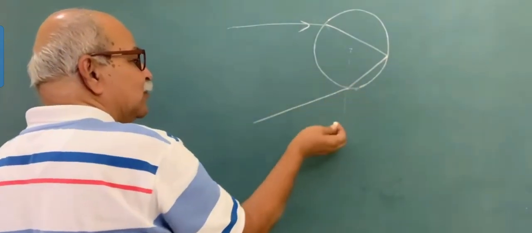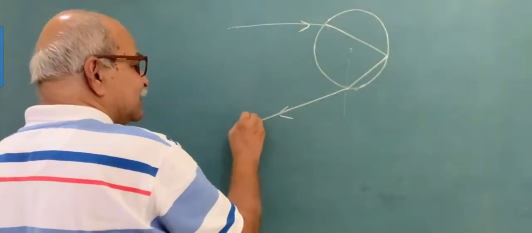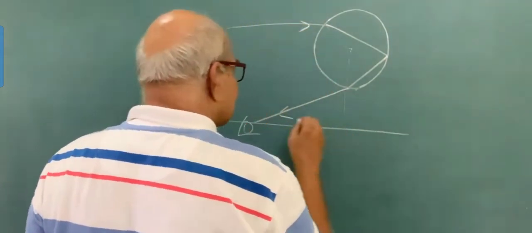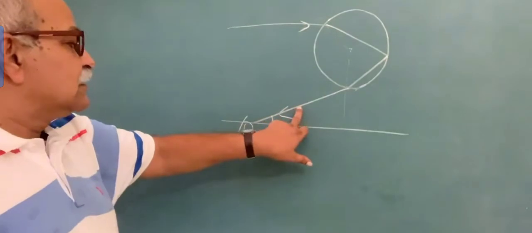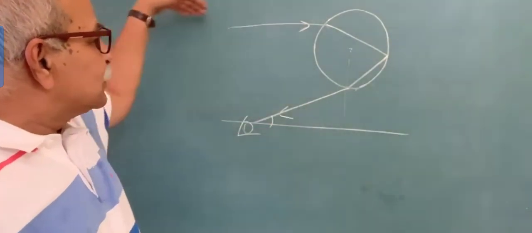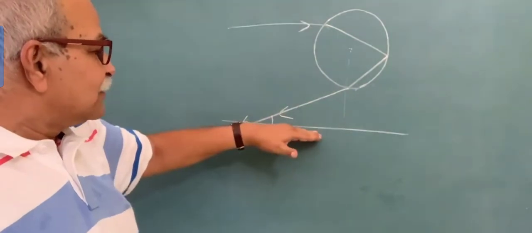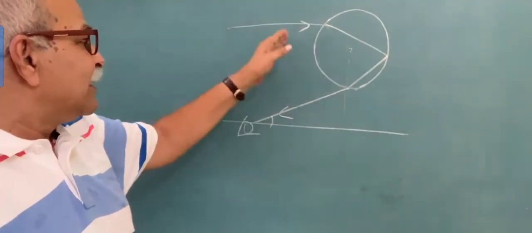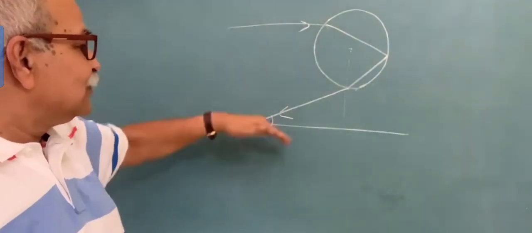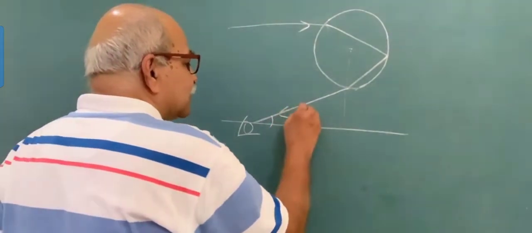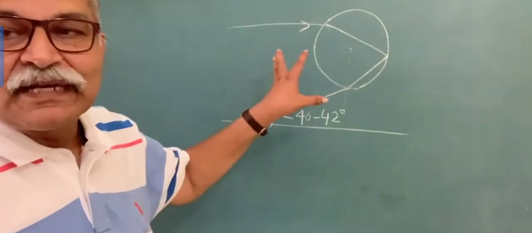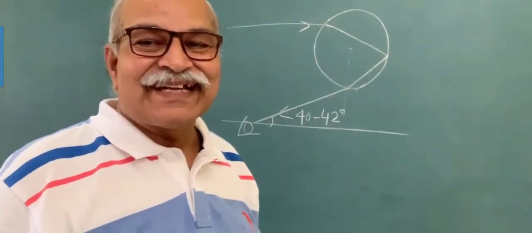This is the normal, it goes away from the normal, and here I see it. And this angle between this, and I'm drawing a parallel line here. Suppose this is horizontal. So from horizontal, this angle is the same as the angle between this and this, because this is parallel to this. So this should be 40 to 42 degrees, different for different colors.